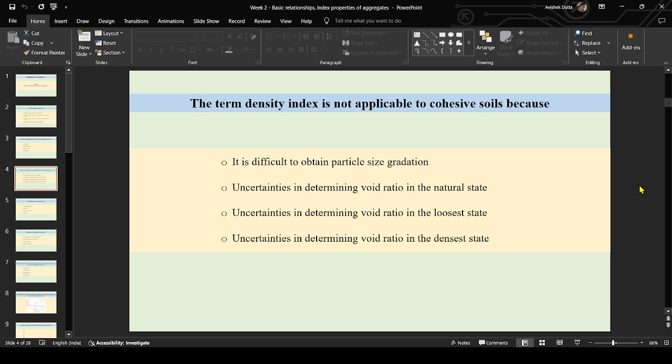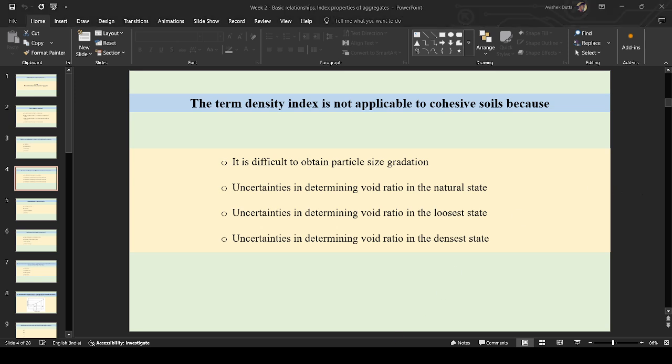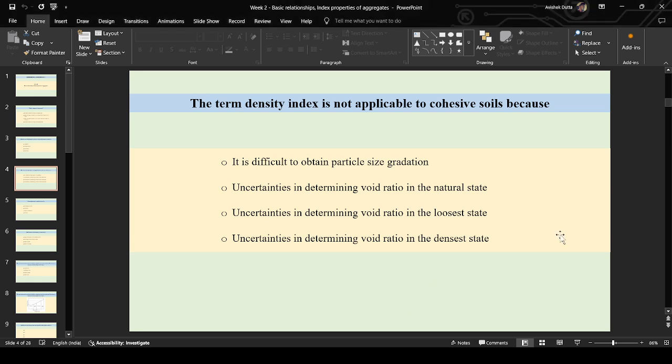The term density index is not applicable to cohesive soils because. The options are: it is difficult to obtain particle size gradation.